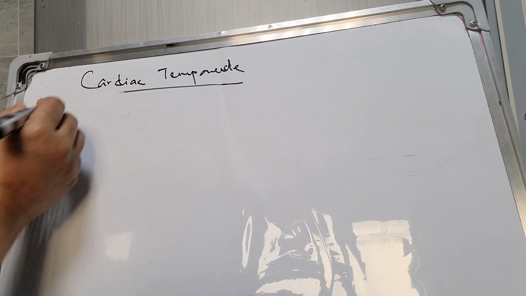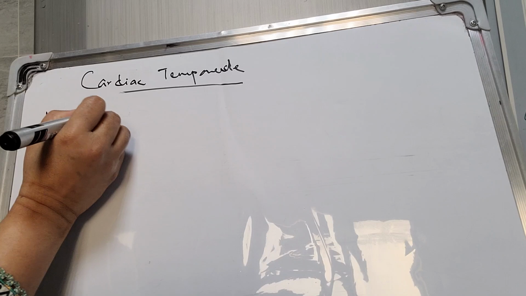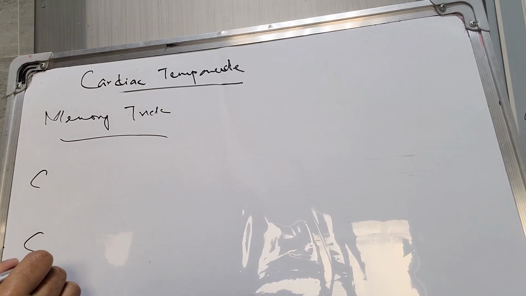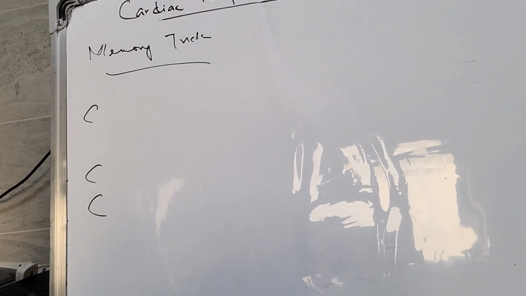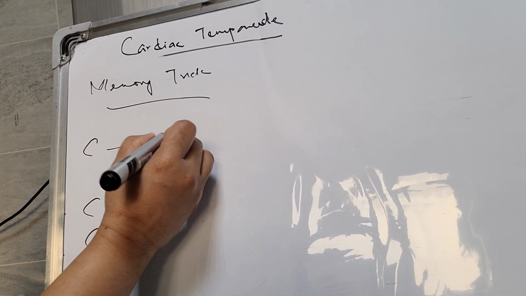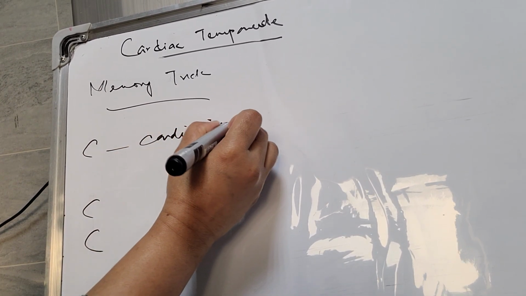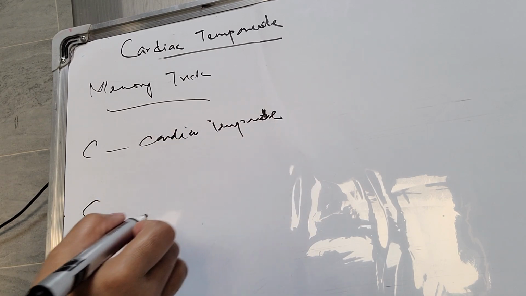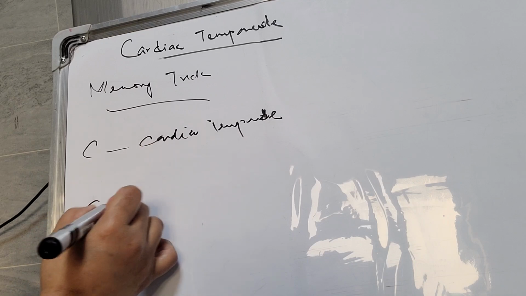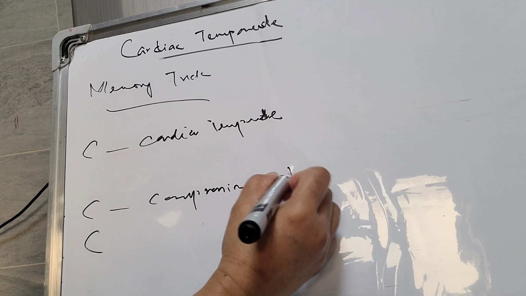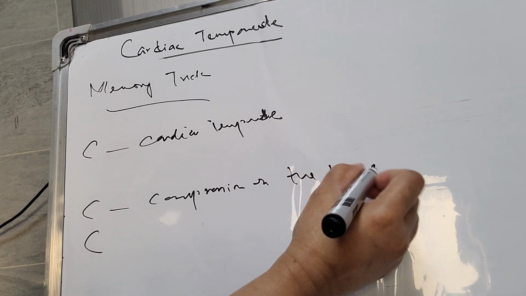Keep in your mind one memory trick, triple C. C, C, C. C is cardiac tamponade. The other C, compression on the heart.